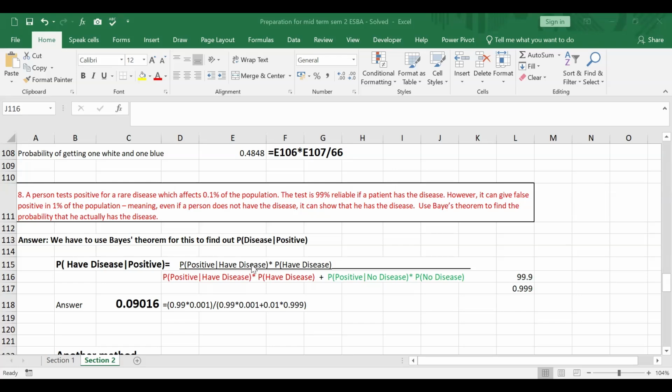with the disease present comes to 0.99 because it is 99% accurate when there is a disease. Multiplied by how many people have the disease, which is 0.1%, that is 0.001, divided by the same thing repeated.